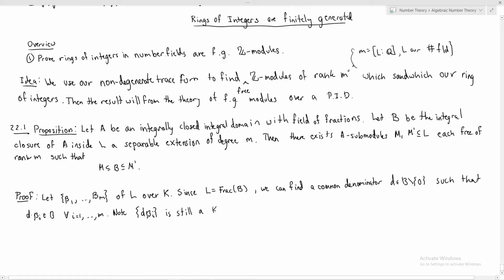A K-basis for L, and we're going to let M be the submodule generated by these. Without loss of generality, we could assume that our beta i started in B to begin with.